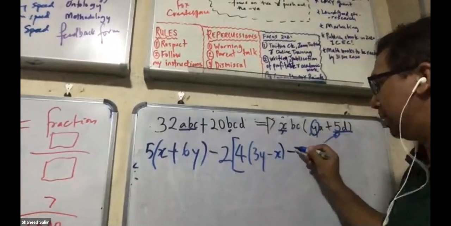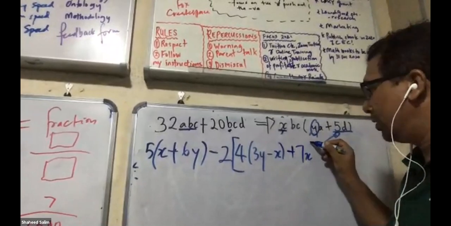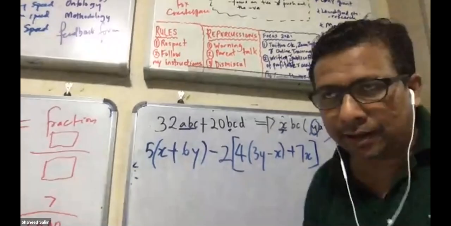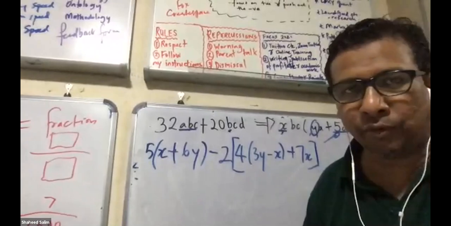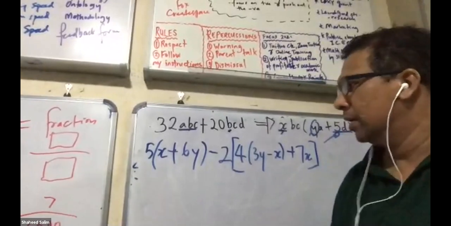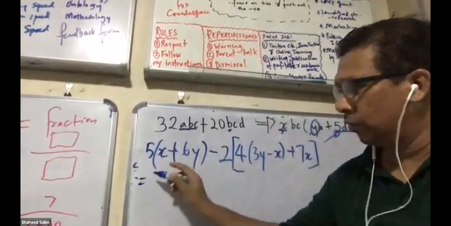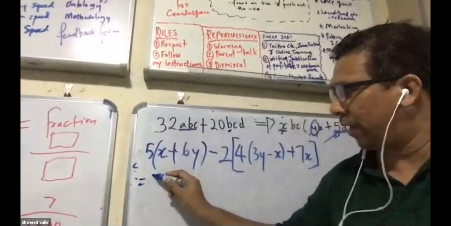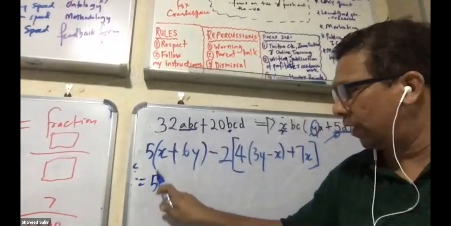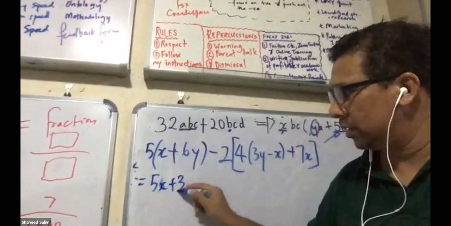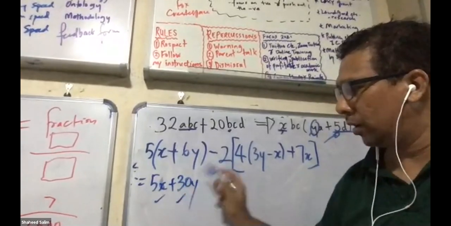But you have forgotten it. It means for algebra, it is not the external brackets that I remove first, it's the internal brackets. So when we do this bracket first, you get 5x plus 5x plus 30y. Okay, so this one is correct.